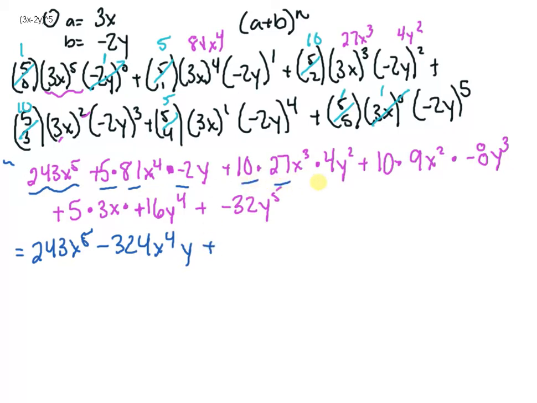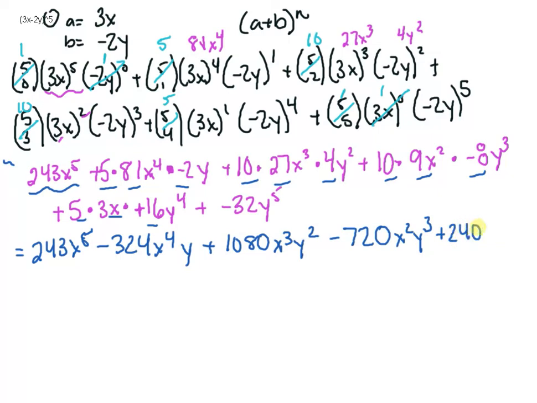Now what's 10 times 27 times 4? 1080x cubed y squared, minus 10 times 9 times 8, minus 720x squared y cubed, plus 5 times 3 times 16, 240xy to the 4, and then the last one is minus 32y to the 5.